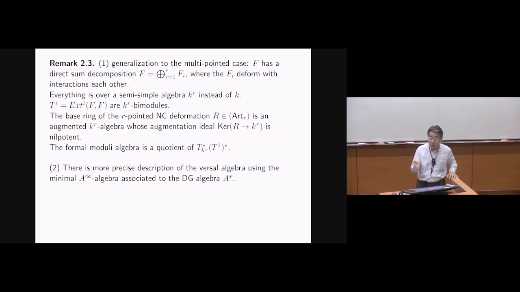So if you divide by the kernel and then get the cohomology groups, then you lose information, and this information is recovered by considering the A-infinity algebra structure. And on the A-infinity algebra, the part corresponding to the differential becomes 0, but there are higher multiplications, and that will give you the same information as the original DG algebra. Okay.